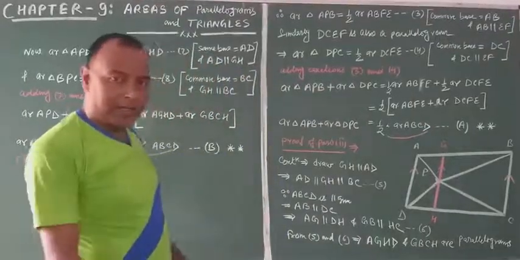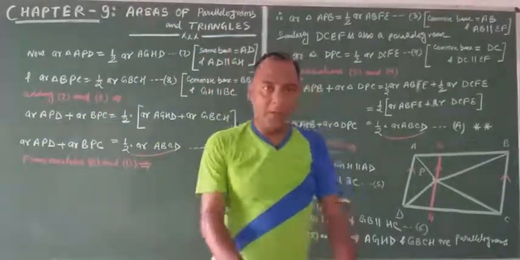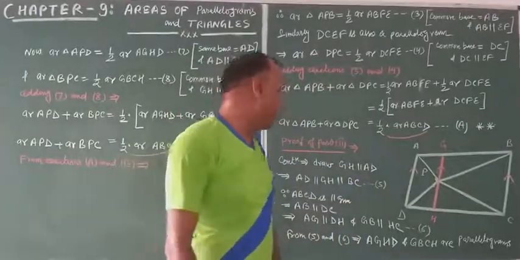Since the right hand sides are equal, therefore the left hand sides will also be equal. So what will happen?